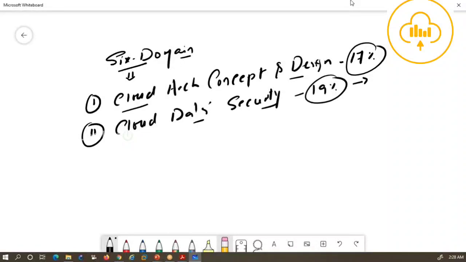What about PaaS and SaaS? We will discuss the same, and then different controls like DLP, encryption, the SIEM solution, and IRM protection. All of these are discussed under cloud data security.